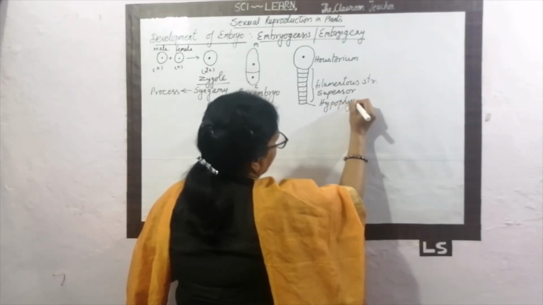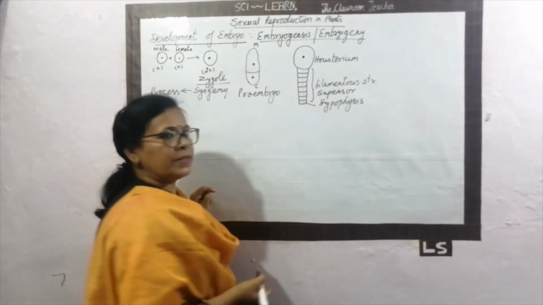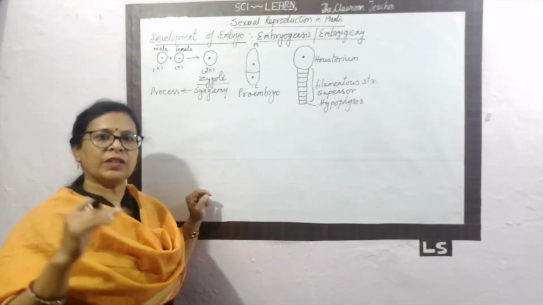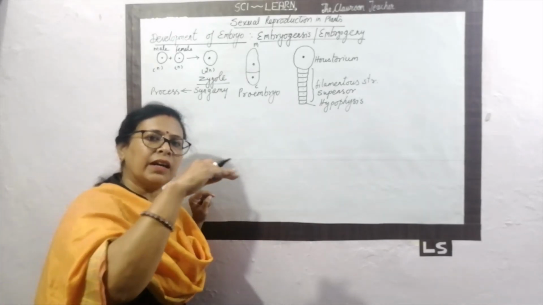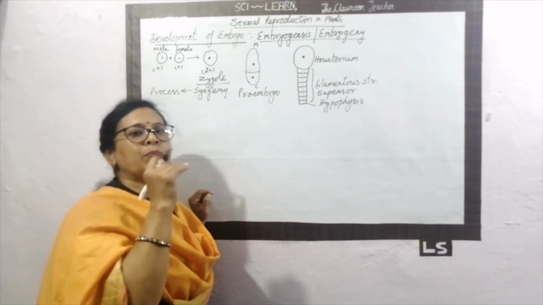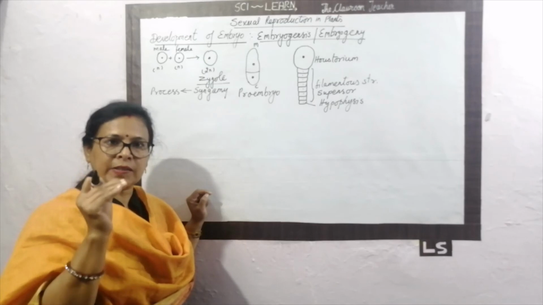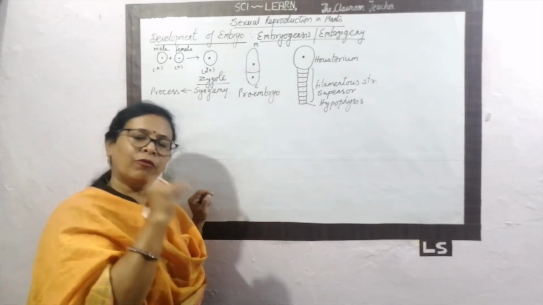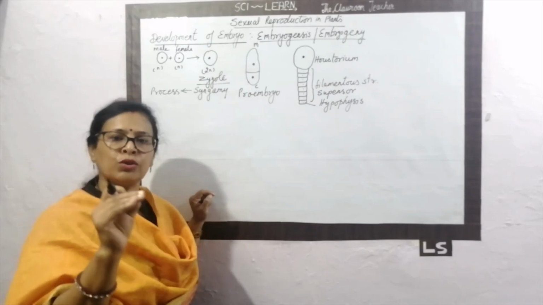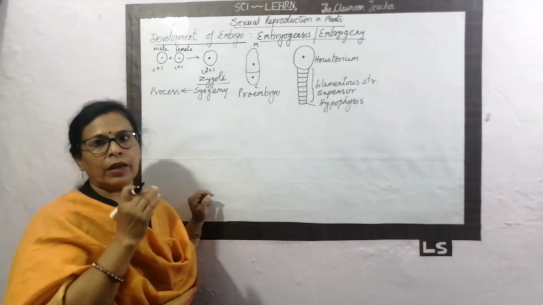Now, what is the role of the suspensor? The suspensor is the part which is inserted in the endosperm. It pushes the embryo into the endosperm. Why does it push the embryo into the endosperm? Because endosperm is the source of food for the development of the embryo.